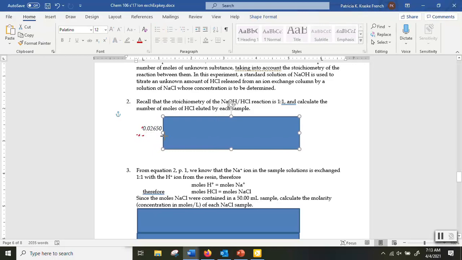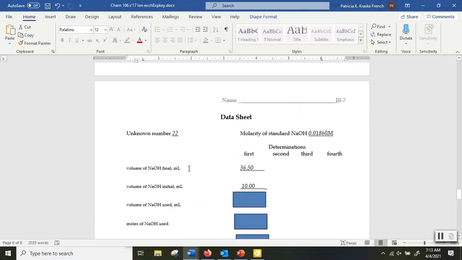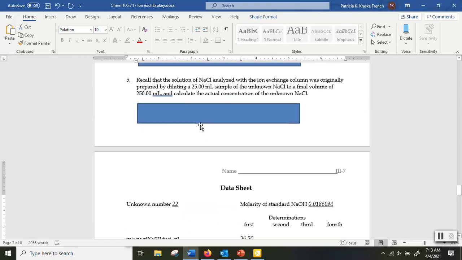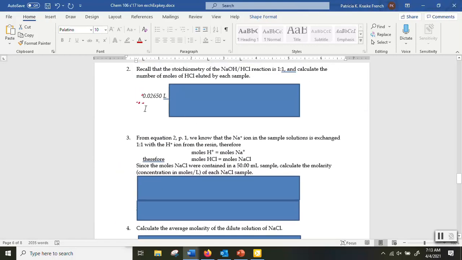So here we go. There is our volume in liters. Where did we get that from? Well, we subtracted these two, converted it to liters. Okay, so that many liters times the concentration of the standardized base.